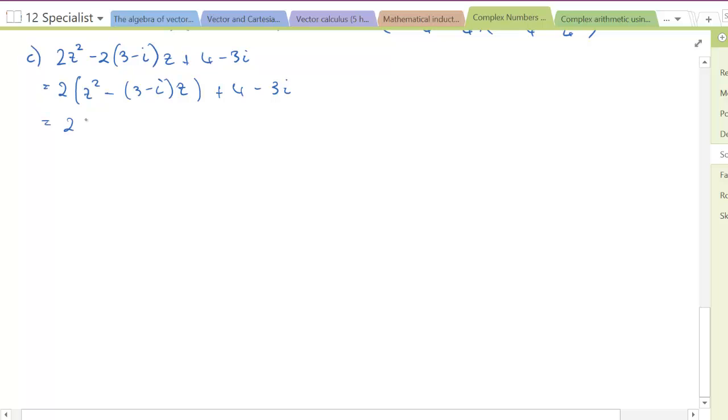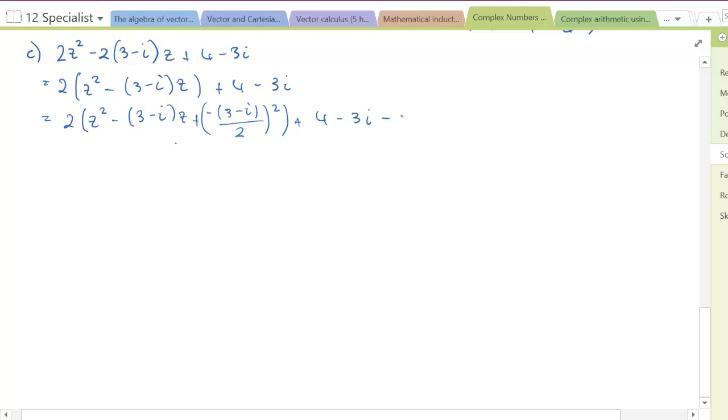So when we add in the third term, we've got z squared take (3 take i) z plus ((-(3 take i))/2) all squared plus 4 take 3i. And because we've added this in, we have to subtract it. And it's also multiplied by 2. Subtract 2 times the added term. So we've got 2 lots of (3 take i) squared on 2 squared, which is 4. And that cancels down to 1 and 2.